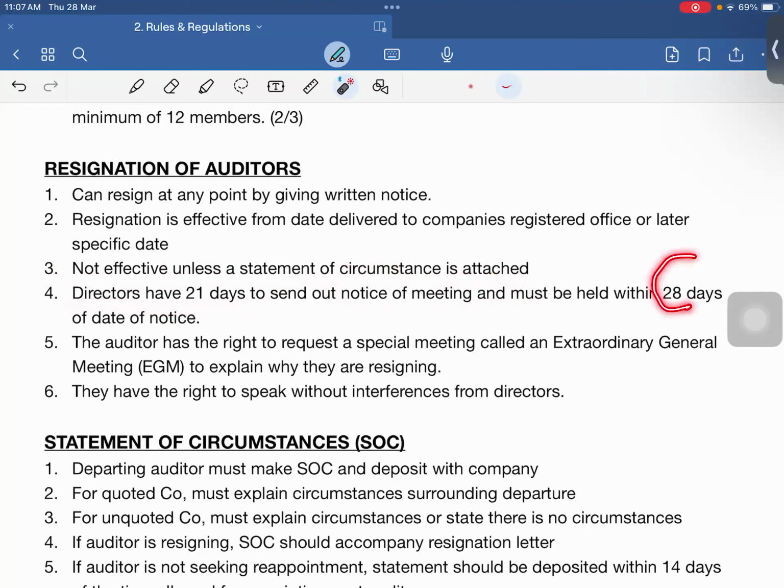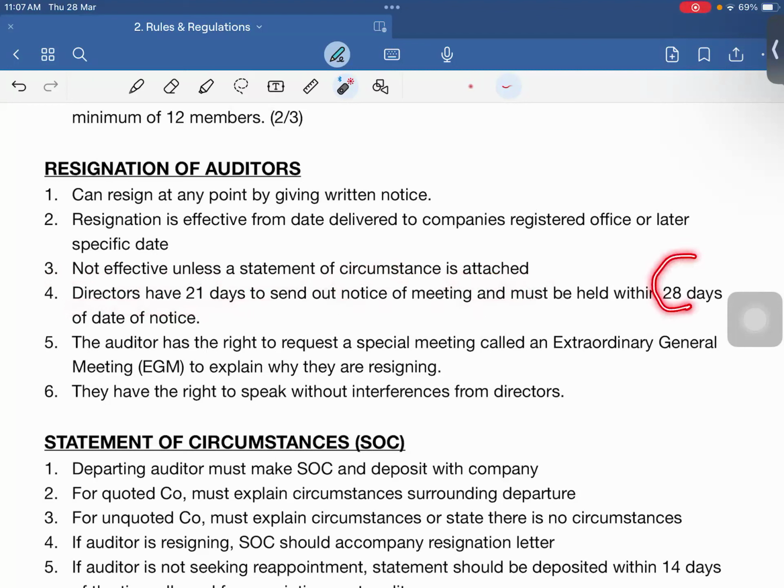Clear? Now, this right is to be uninterfered. That means the directors do not have the right to cut in while they are explaining something. Understood? So there should be no interferences. There shouldn't be anyone who is preventing them from speaking out.